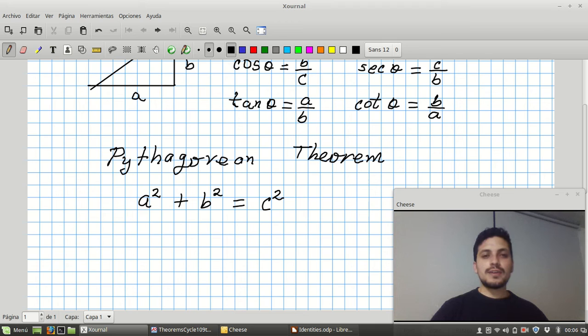And to find the identities, we're going to start by dividing each term of the equation by c squared. What's going to happen? So if I divide by c squared, what I have here is a over c.